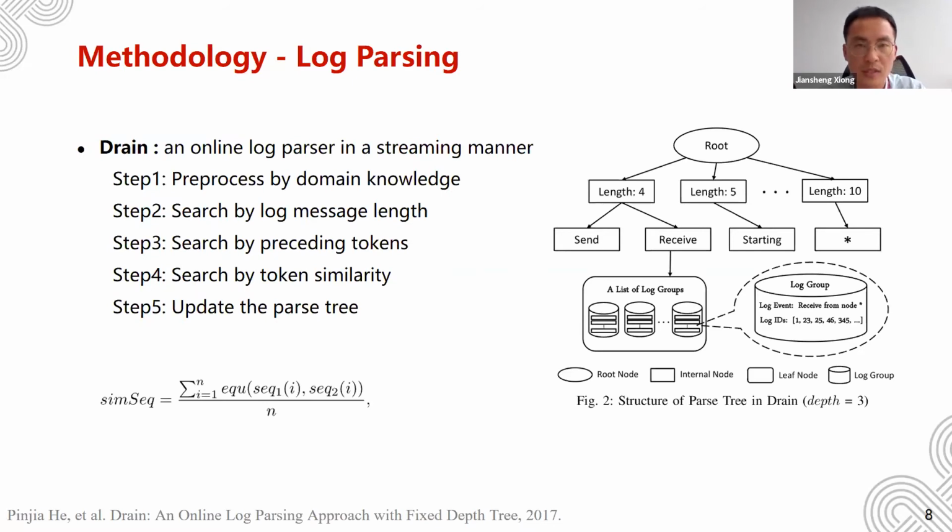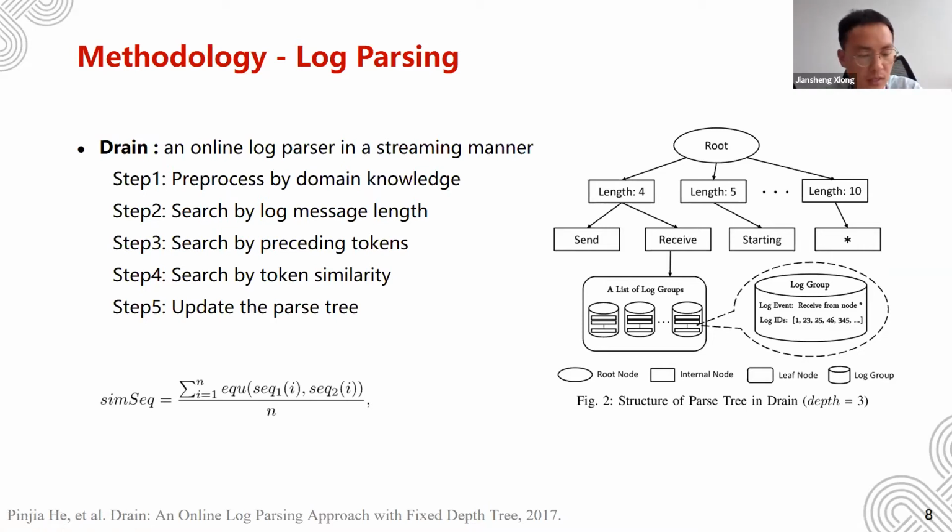I will introduce a log parsing method. The first is Drain. Drain is a fixed depth tree based online log parsing method. When a new raw log message arrives, Drain will preprocess it by simple regular expressions based on domain knowledge.